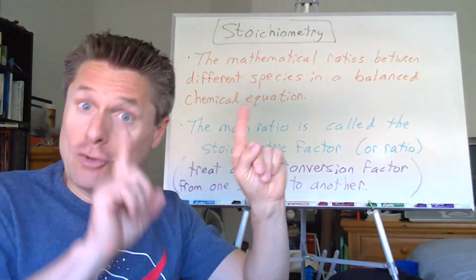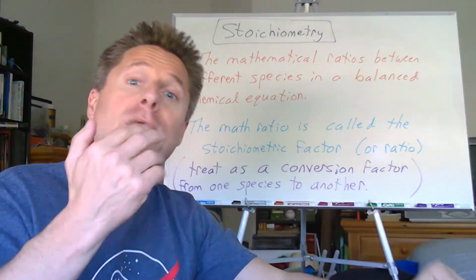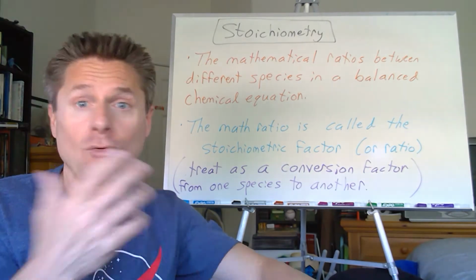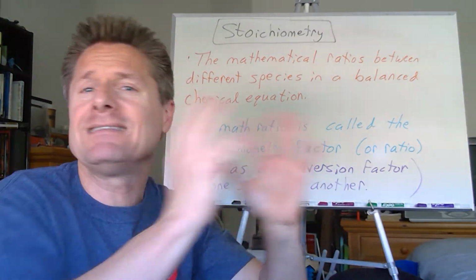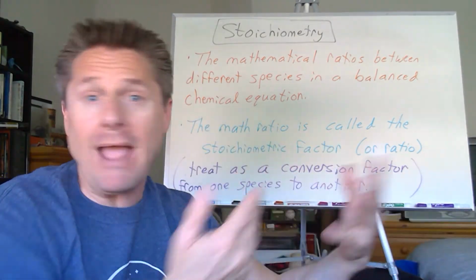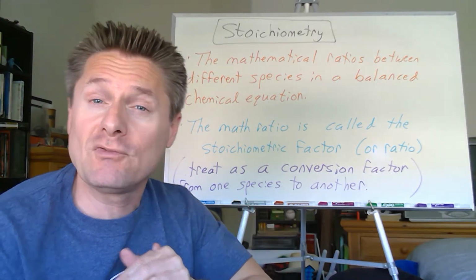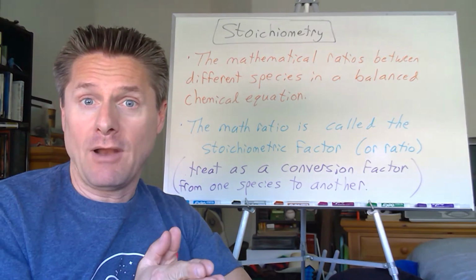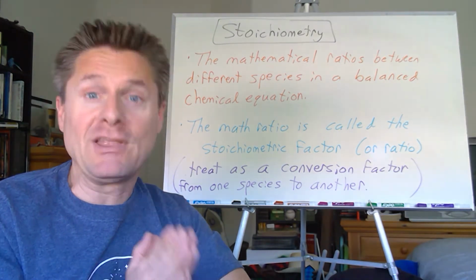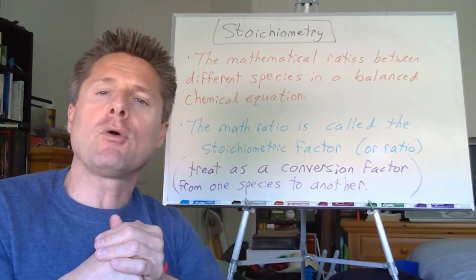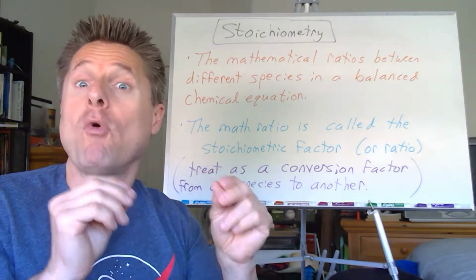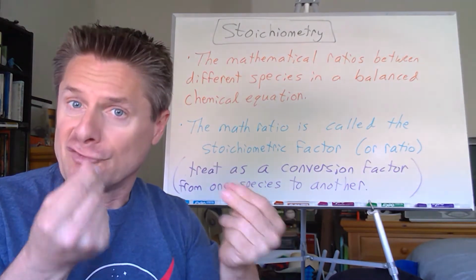Knowing that those integers between them allow me to convert from butane units to carbon dioxide units, or I can go from any one species to any other, forward or backwards. It doesn't matter, as long as you know what those balanced coefficients are. Now, what those units are is going to be very particular. So let's take a look at a balanced chemical equation and look at the units we need to use for those numerical integers from the balanced equation.